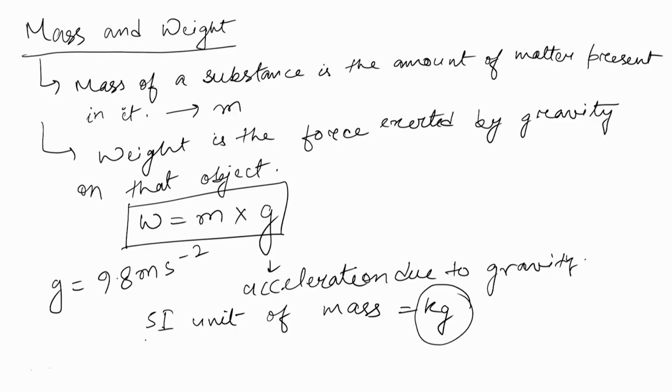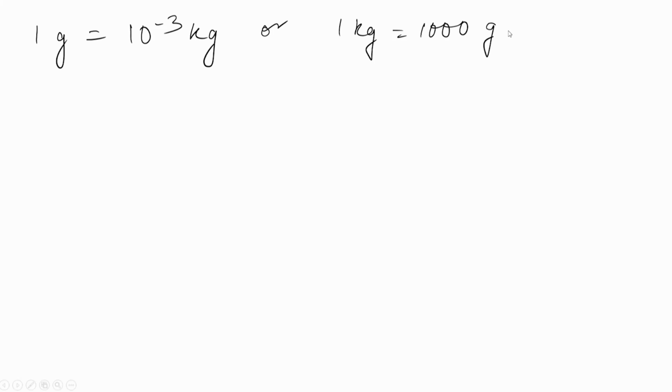So since kg is a very big unit, in chemistry we generally use gram as the unit of mass. But the SI unit of mass is kg. We have already studied that 1 gram is equal to 10 to the power minus 3 kg, or 1 kg is equal to 1000 grams.